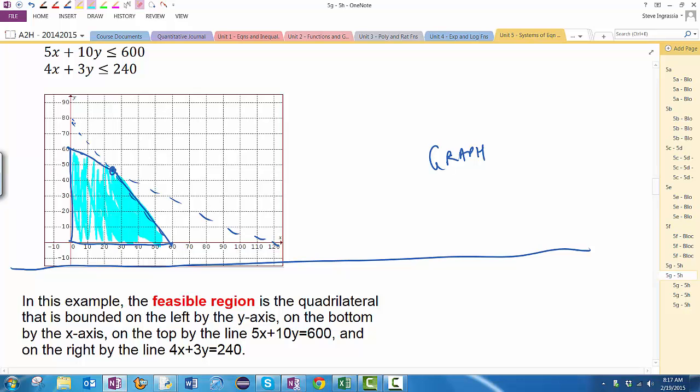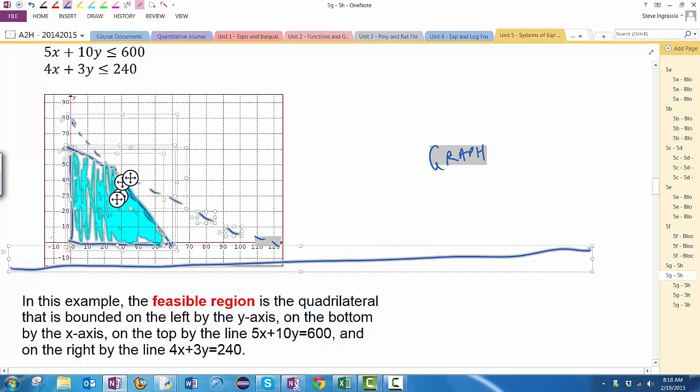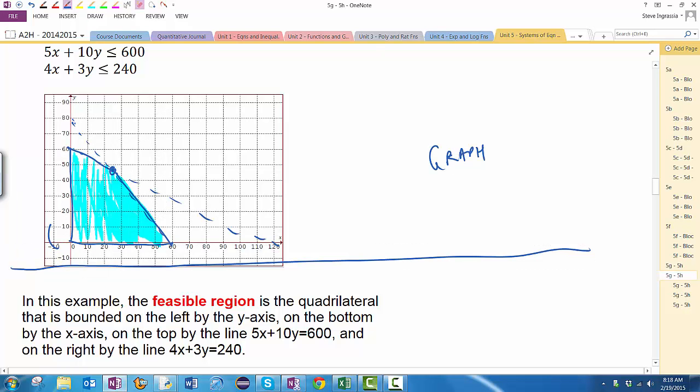All right, now it's going to be useful to me to know what these vertices are of the feasible region. This one, 0, 0. This one, 0, 60. This one, 60, 0. Now what's this one? I need to know it. Looks like somewhere between 20 and 30 for X, somewhere between 40 and 50 for Y. How can I tell exactly?